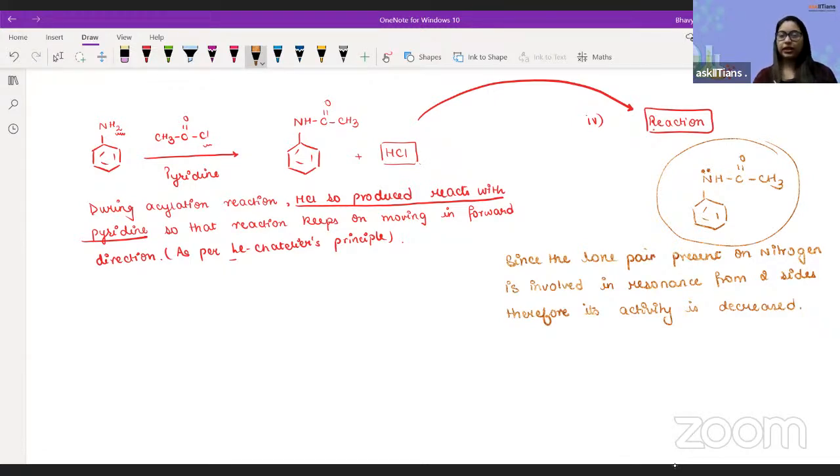Then you have to show the resonance in this question, actually show the resonance this way, with its corresponding resonating structure.